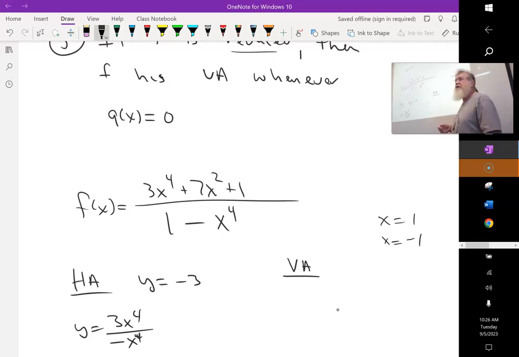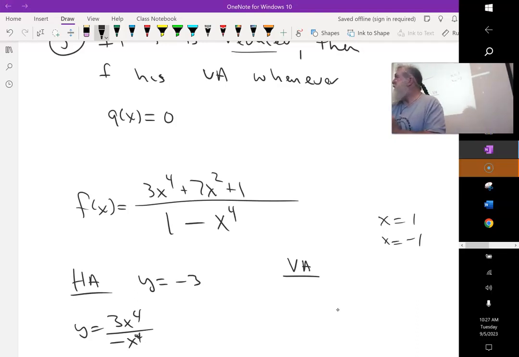That would be division by 0. Now put 1 up in the numerator, put minus 1 up in the numerator. Just do it mentally in your head and decide, does it make it equal to 0 or not? If I put 1 in, I get 3 plus 7 plus 1. That's not 0, right? If I put minus 1 in, I get 3 plus 7 plus 1. Is that 0? No. So the numerator is never 0. Is the denominator 0?